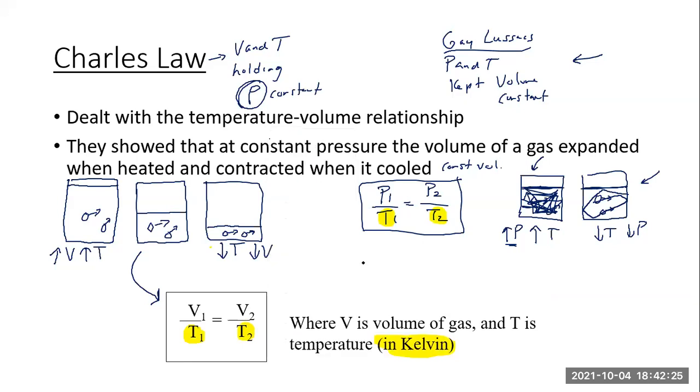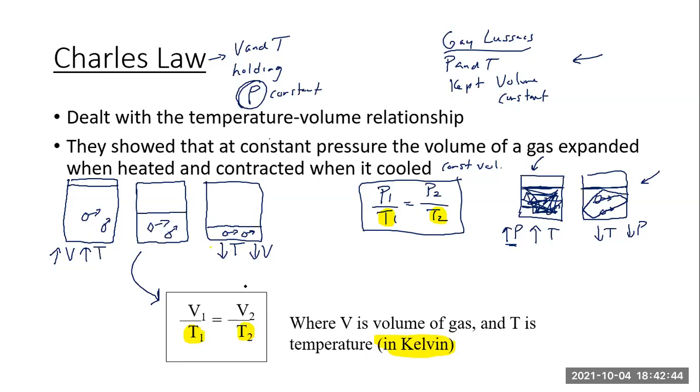Even if they ask you for the temperature in Celsius and they give you the temperature in Celsius, you need to convert it to Kelvin first, put it into the gas law, and then convert it out of Kelvin into Celsius. So definitely needs to be Kelvin for the temperatures.